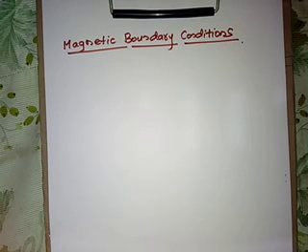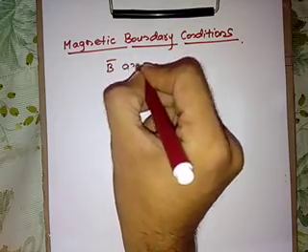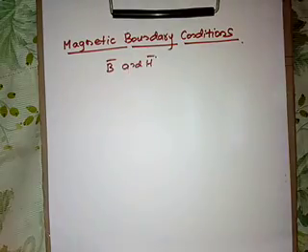If the magnetic field is passing from one medium to another medium, the conditions of the magnetic fields at the boundary are called magnetic boundary conditions. These are the conditions for B bar and H bar. For these two fields, the magnetic boundary conditions are studied.